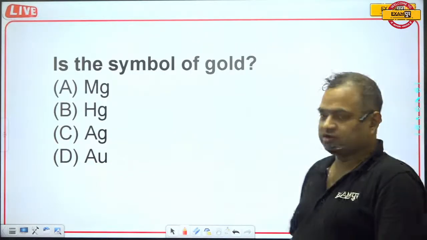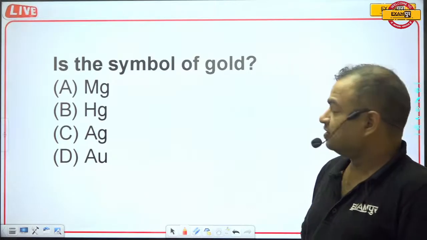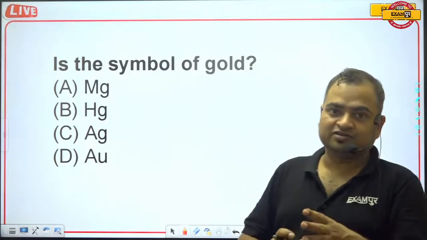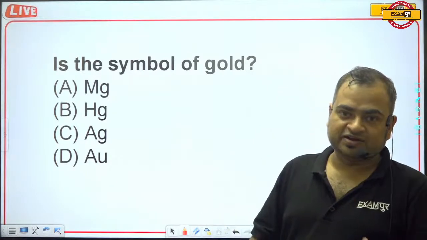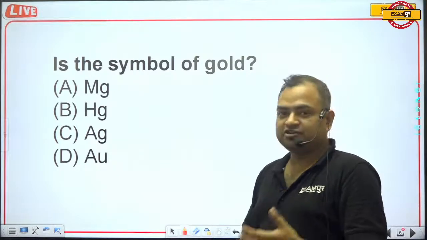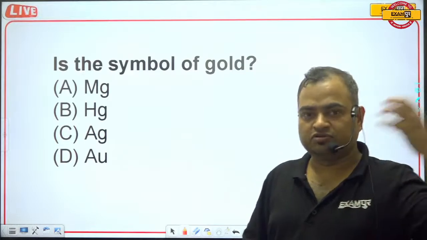What is the symbol of gold? Whenever we talk about gold, it is a very precious metal, because gold does not react with any other material very quickly or very easily. Okay, and that's why the shining of gold remains the same for a long time.